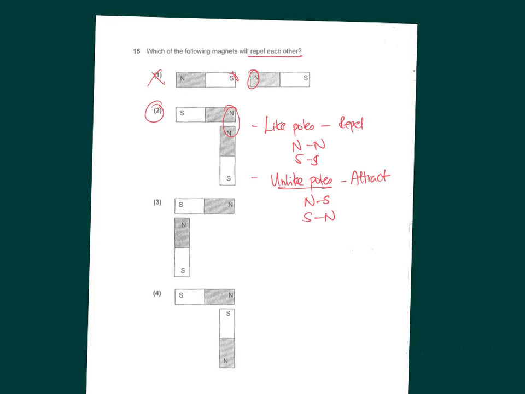Even though you know the answer is 2 already, let's look at 3. In 3 here we have unlike poles, so we expect them to be attracting. And likewise in option 4, you have unlike poles, so they should be attracting as well. So answer should be 2, very straightforward.